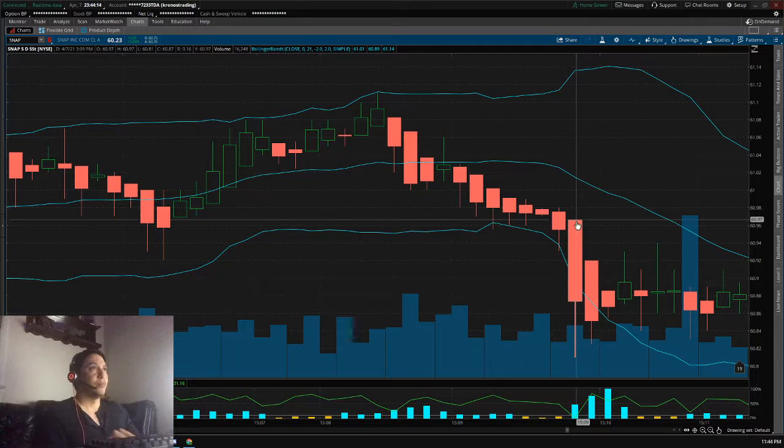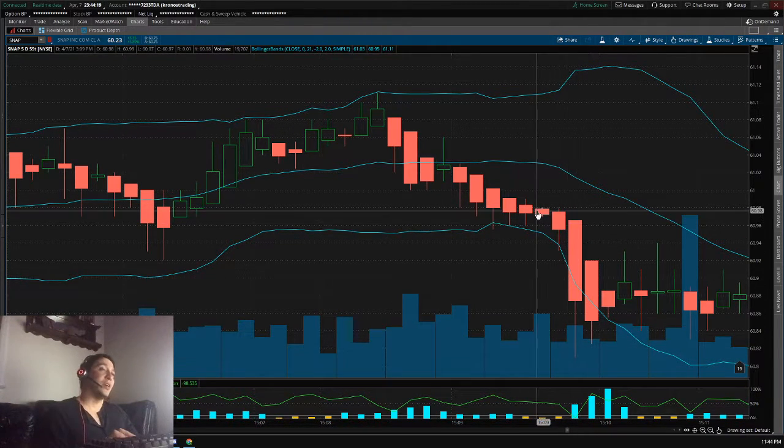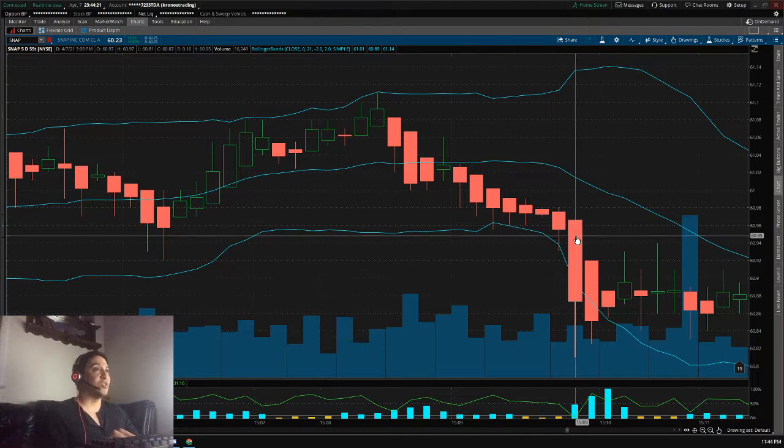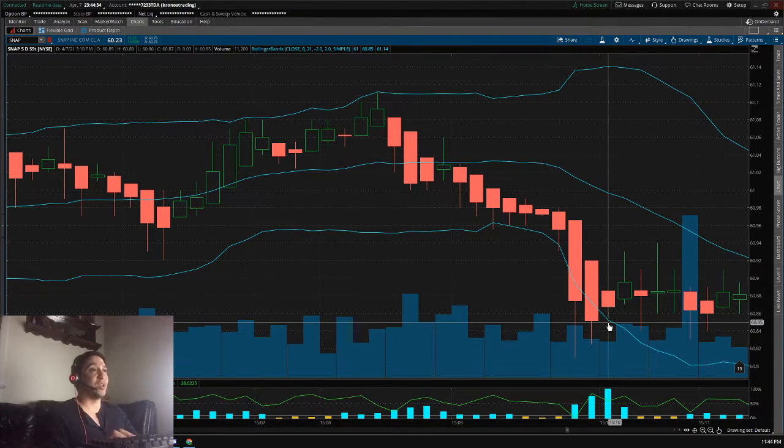So it's a very good indication that it broke the Bollinger Band there, and it's bigger than all the other candles, which means it's probably institutional buying, which means that this move is probably about done. You get the next candle, which is half the size, and the next candle, which is a quarter of that size, and it's not touching the Bollinger Band anymore. Most likely, it's probably going to start going up.